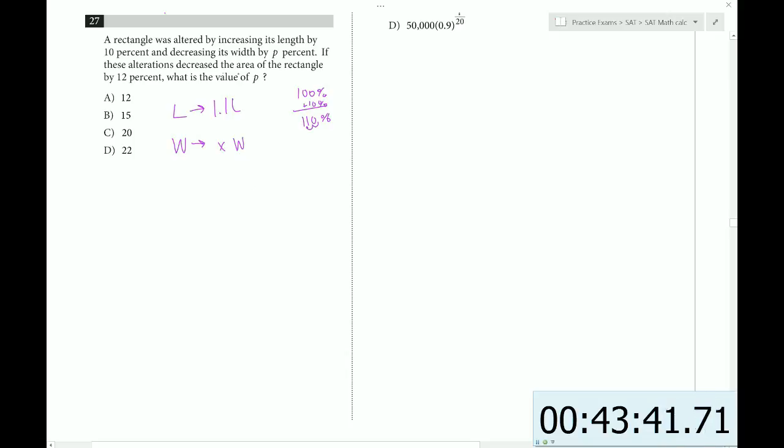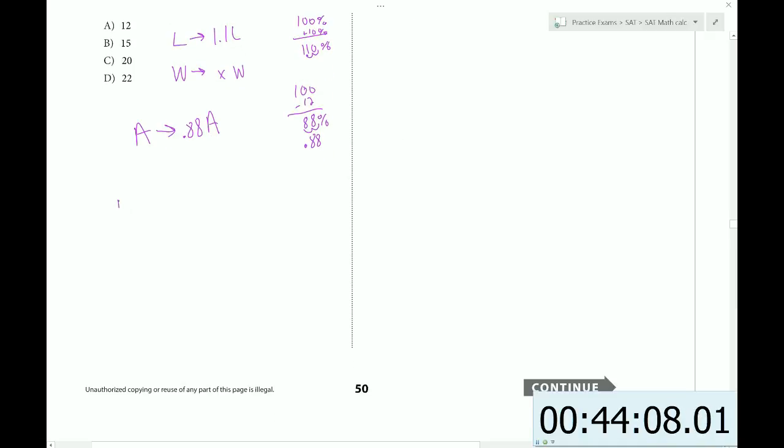If these alterations decrease the area of the rectangle by 12%, so a 12% decrease, we would start with 100, subtract 12%, that would give us 88%. Then we move the decimal place, we get 0.88 as our multiplier for a 12% decrease. So we apply that to the area, and we now need to solve for x.